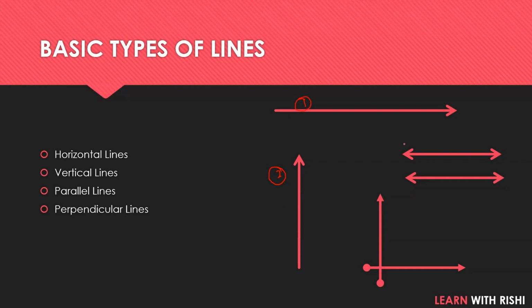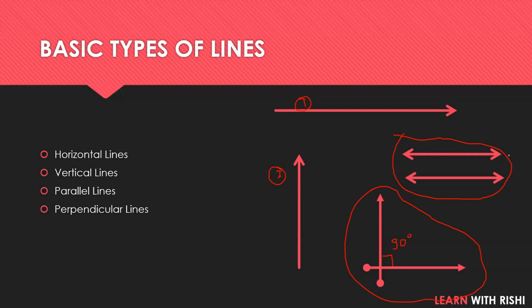Then parallel lines. So these are our parallel lines, and these are our perpendicular lines. Perpendicular lines are 2 lines which are at 90 degrees, or perpendicular to each other. If we measure the angle between these 2 lines, it should be 90 degrees. Then we say that these lines are perpendicular. And parallel lines are those lines which do not intersect with each other.